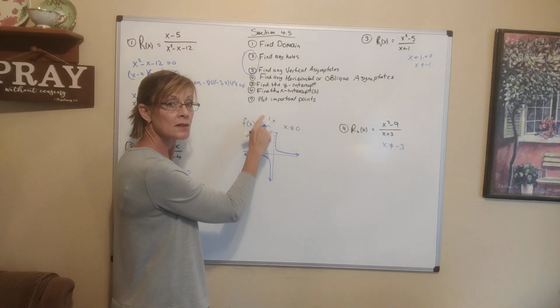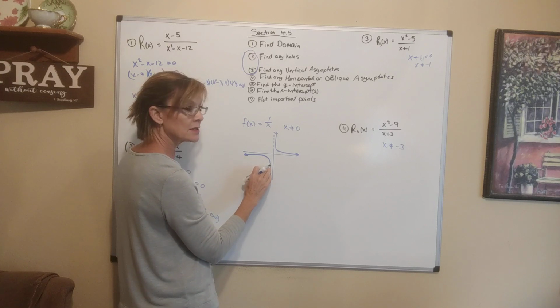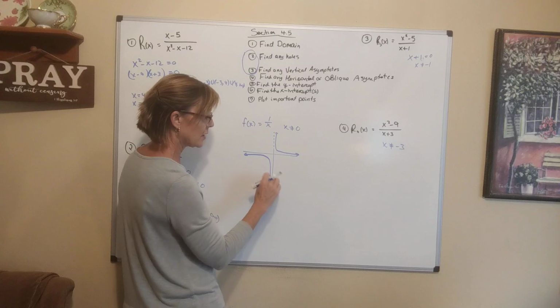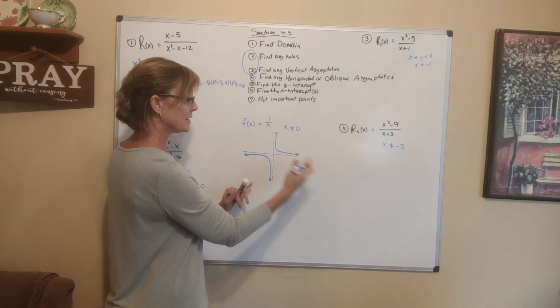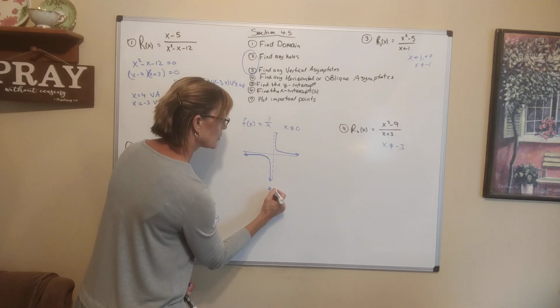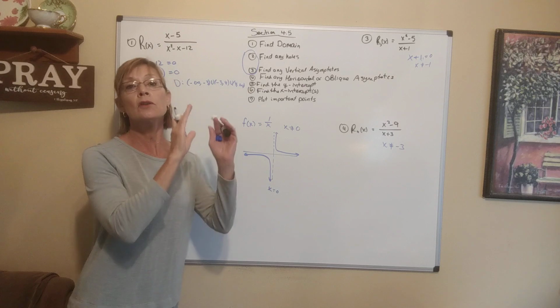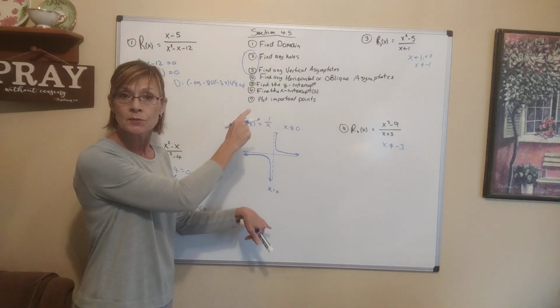Or on this side, when it's negative 0.04, negative 0.03, negative 0.02, it's going to shoot down to negative infinity. When your graph approaches a vertical asymptote, it freaks out, and it will either go to positive infinity or negative infinity. In this case, it does both of those things.